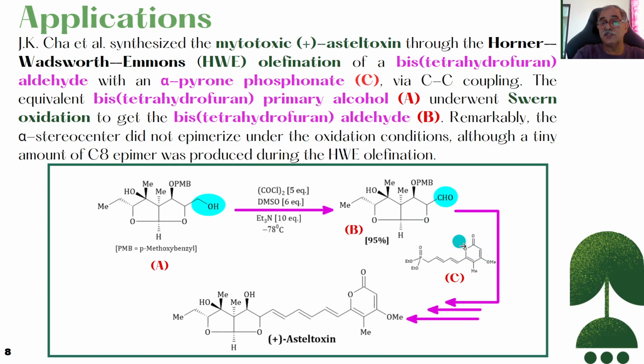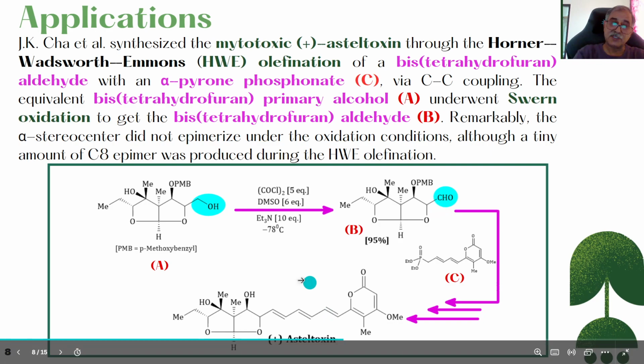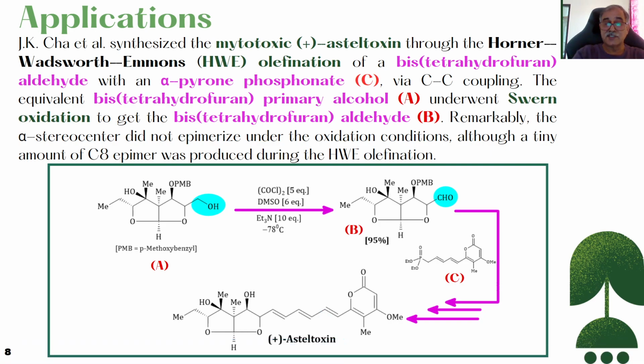So when these two are reacted under these conditions, HWE olefination, a carbon-carbon double bond is formed between the aldehyde and this carbon. So basically, under the conditions of HWE olefination, a carbanion is generated at this place, and that carbanion will attack the carbon of the aldehyde, and basically a carbon-carbon double bond will be formed. So this is how this aldehyde is converted through HWE olefination into acetyltoxin.